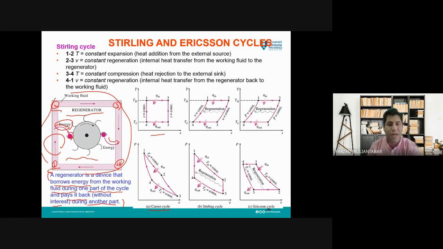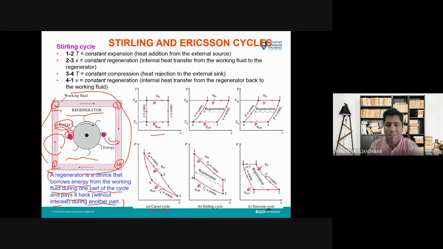How about here? To complete a cycle, we need to go back to the initial state. Then if this energy is given to the regenerator and it is received here, it means this much energy can be saved during this regeneration process.